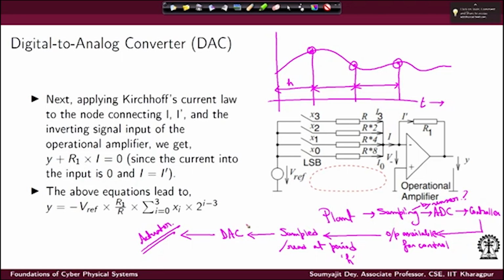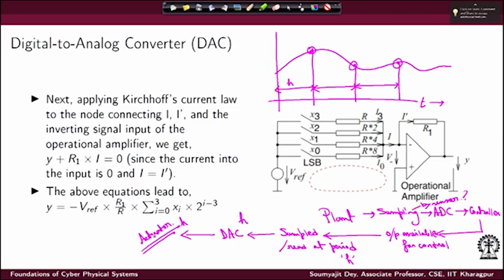So the DAC will also work at a period of H. The output of the DAC will update the actuator's input value with an analog signal at a periodicity of H. This sampler, which reads the controller's output, will do the sampling at a periodicity of H. So in an ideal control system, that's how it will work.